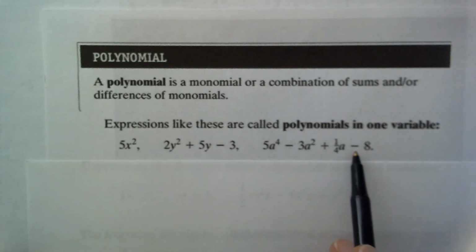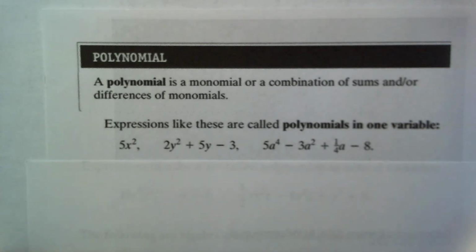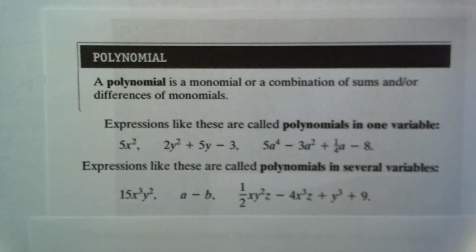So these are examples of polynomials in one variable. Then there are expressions like the following. They're called polynomials in several variables, like 15x to the third y squared, a minus b, 1/2 xy squared z minus 4x to the third z, plus y to the third plus 9. So we have 3 polynomials in more than one variable, or several variables. Here's a monomial, here's another polynomial, and here's another polynomial.